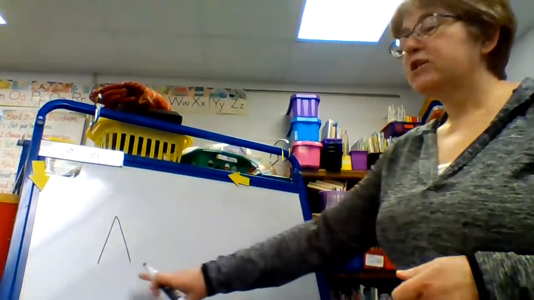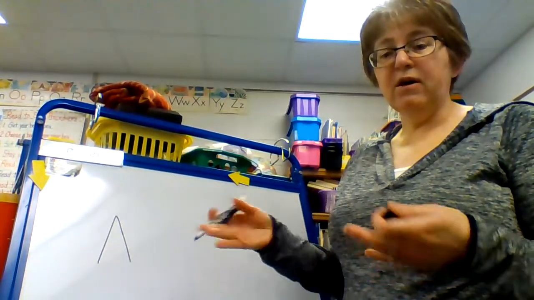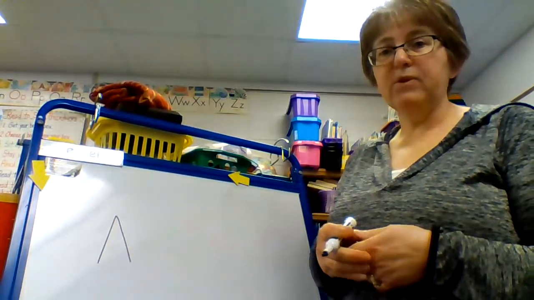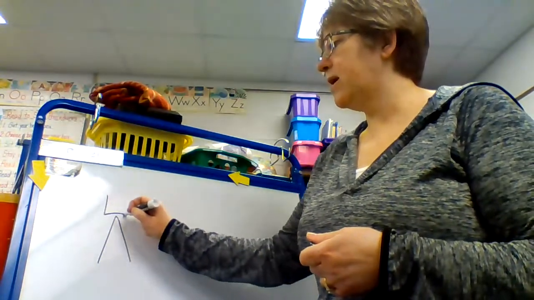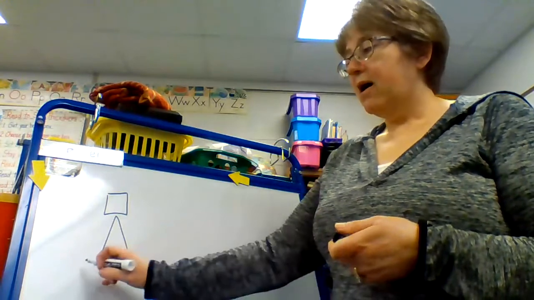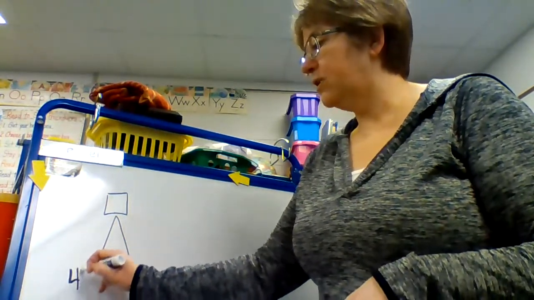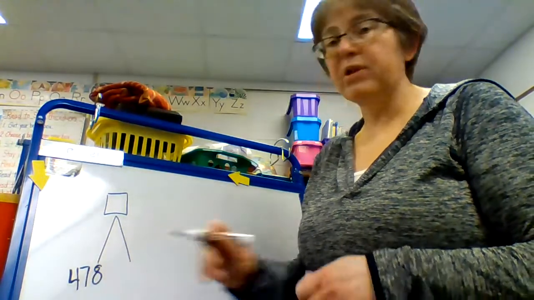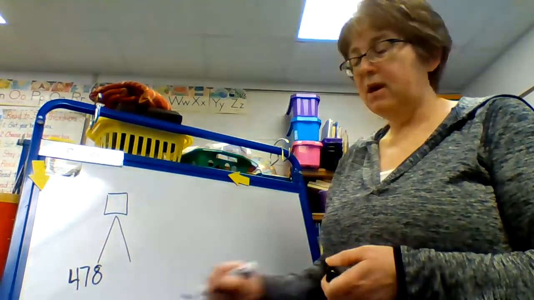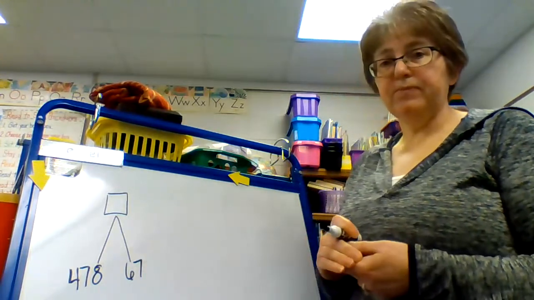All right. So do we know how many fossils that she put in the display altogether? No. So that's going to be my unknown. So my box goes at the top. Okay, so my problem says that she put in 478 plant fossils and 67 fish fossils.